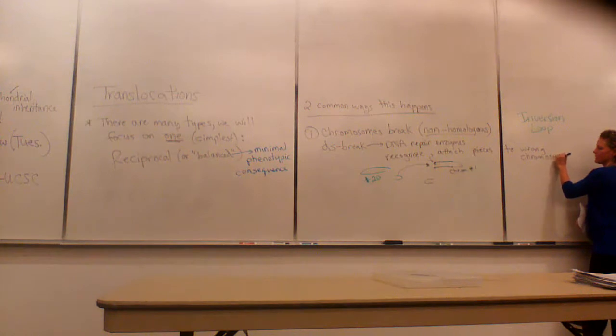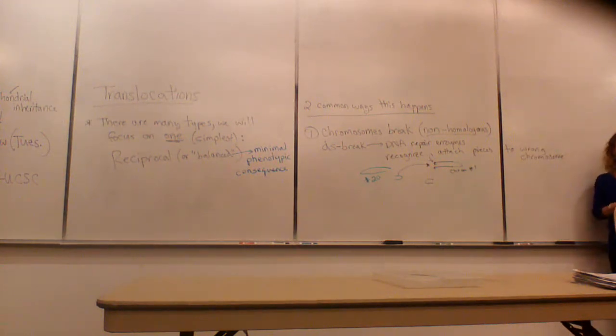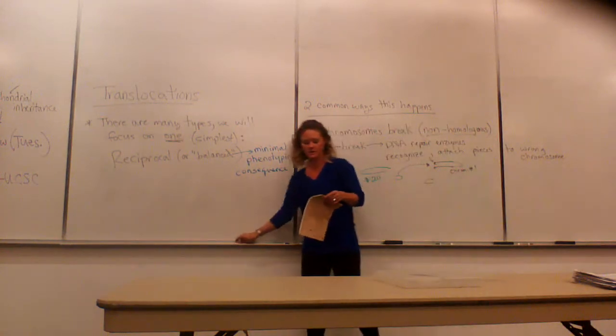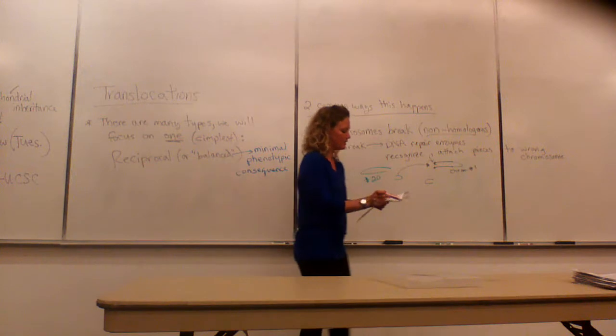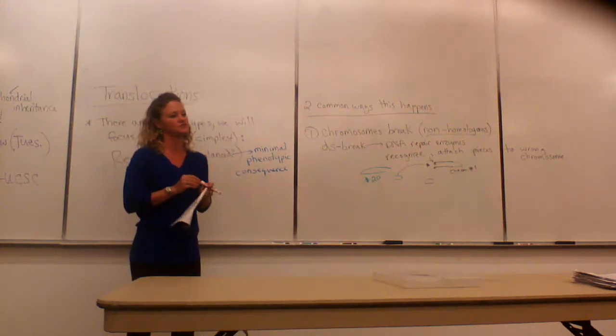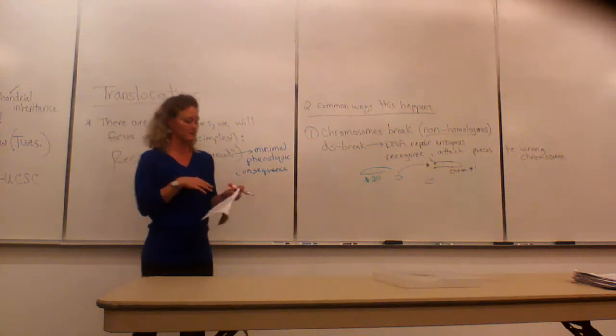Yeah, and so that's why, and I'll write a couple of things up here, that's why it's really common in cancer cells where you have a lot of these breakages happening. And in part, this can be due to normal cellular processes, or it can be due to external causes. And we're going to get into a lot more detail about mutagens and what causes this kind of stuff to happen.